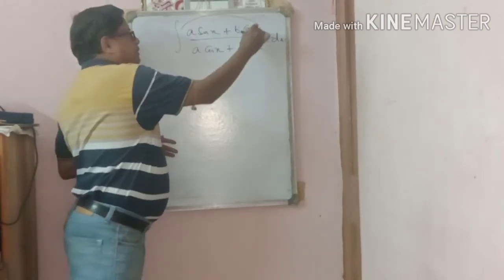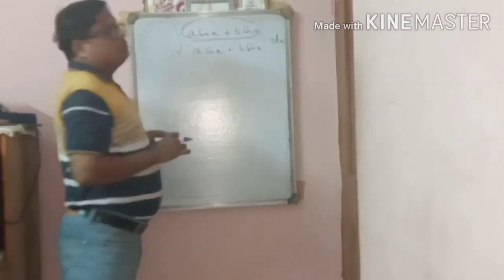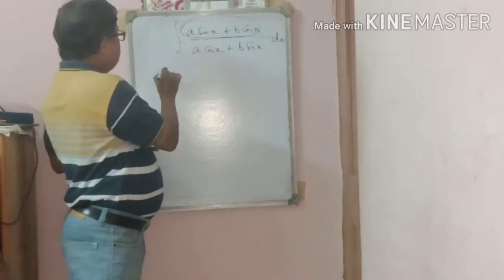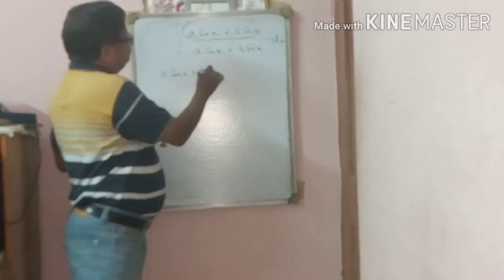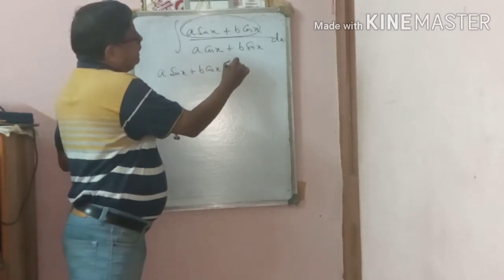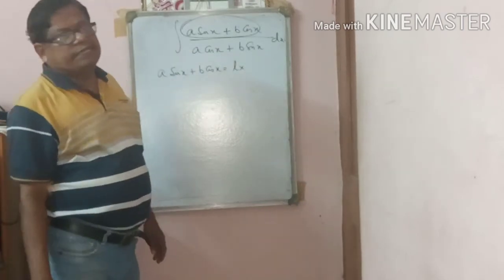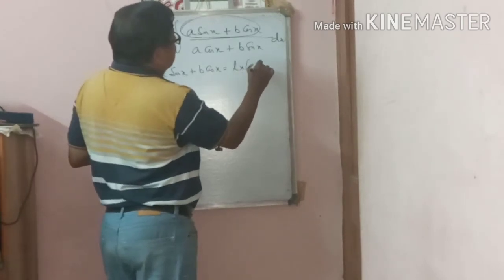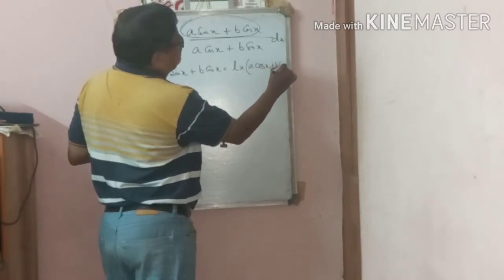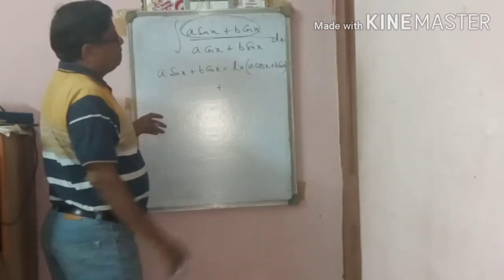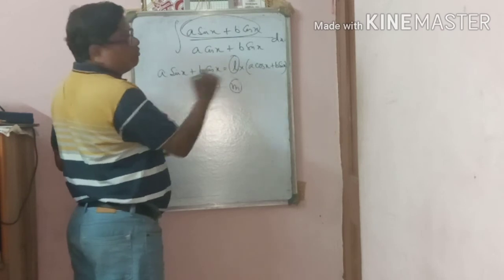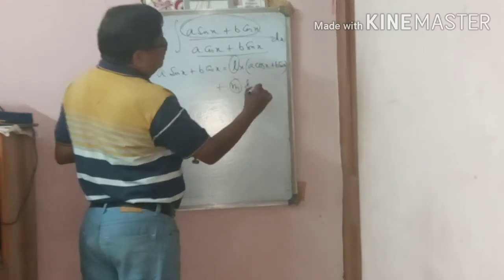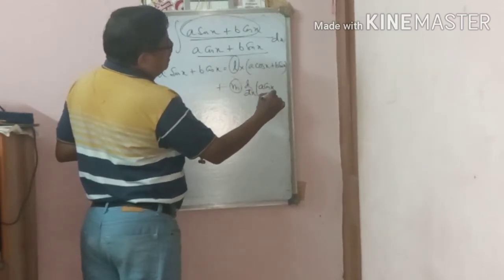You have to consider the numerator. Let a sin x plus b cos x equal to L into the denominator, a cos x plus b sin x, plus m, where L and m are both constants, into d/dx of the denominator, that is a cos x plus b sin x.